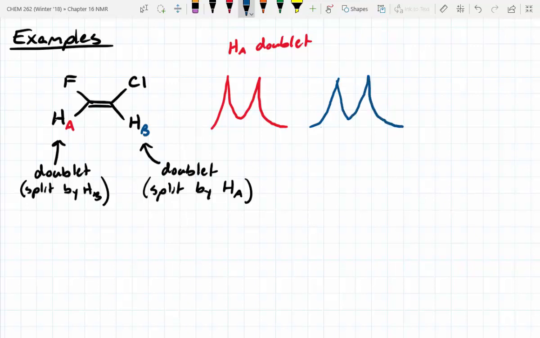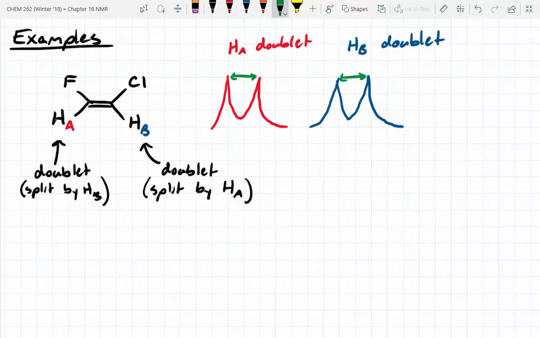I know this isn't the prettiest peak, but you get the idea. If you notice, the width of the splitting should be exactly the same, right? So what I mean by that is the distance between these peaks here versus here should be exactly the same.